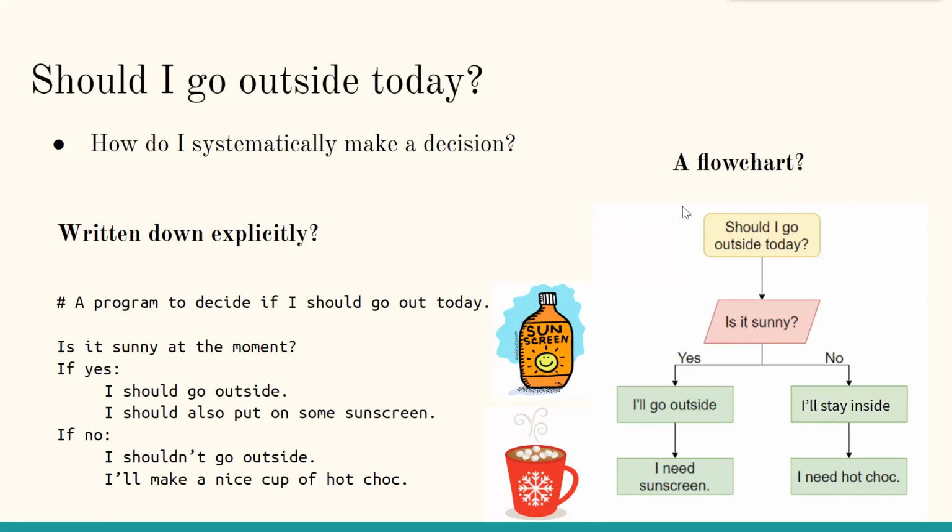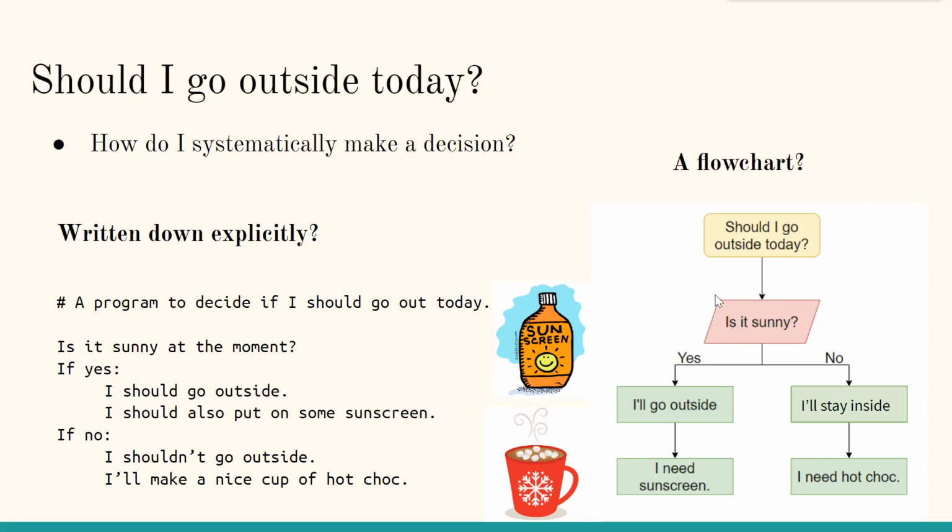As you can see here, a flowchart always starts from a goal, and this could be our goal of code. Also, it could be a question. And then how do I systematically make decisions from my goal to achieve my goal? I need a condition. I need to set something here. In this flowchart, the condition is: is it sunny?